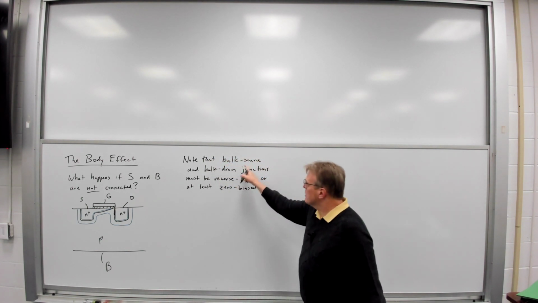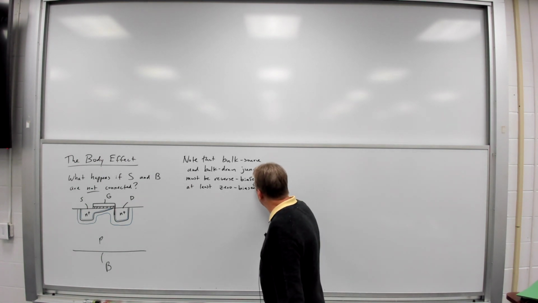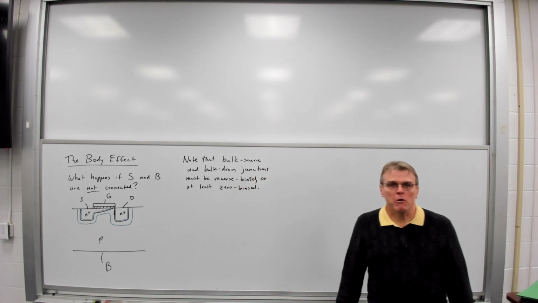The bulk-source and bulk-drain junctions must be reverse biased or at the very least zero biased.